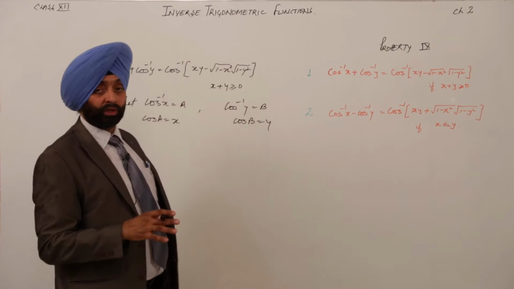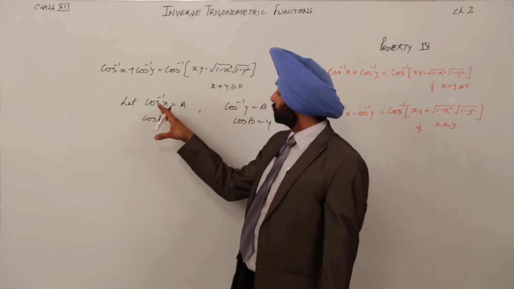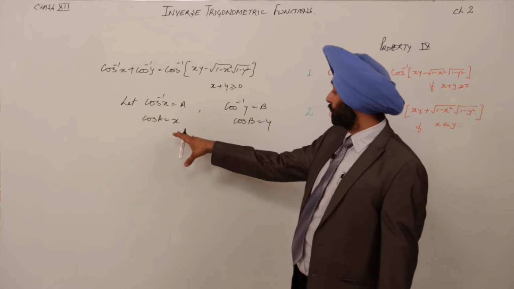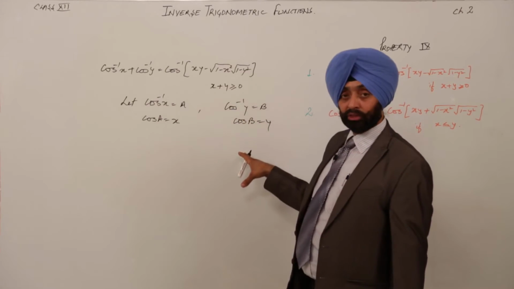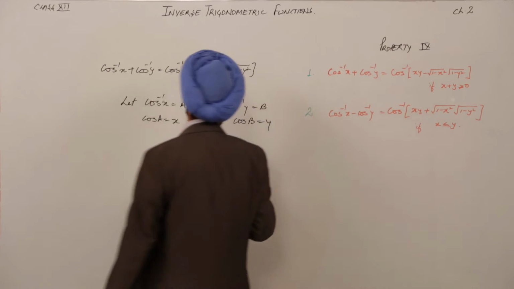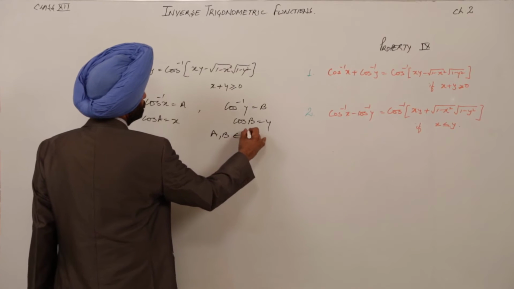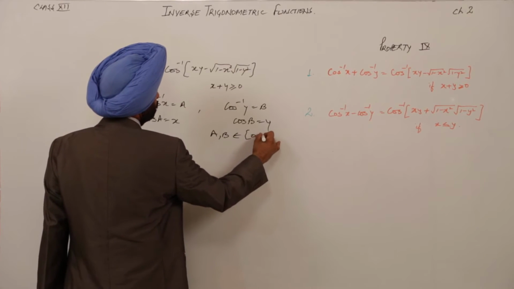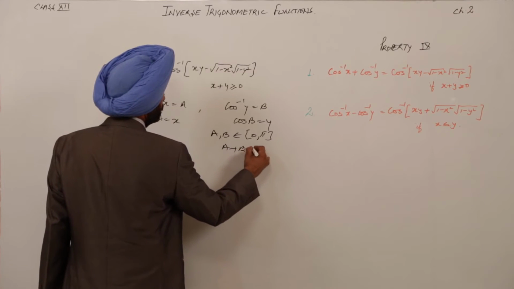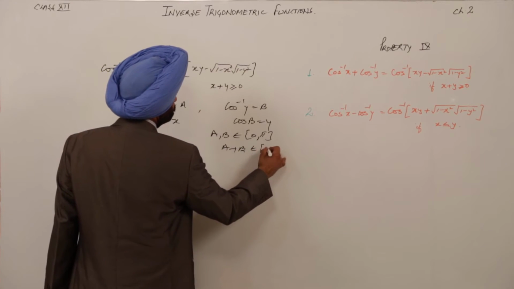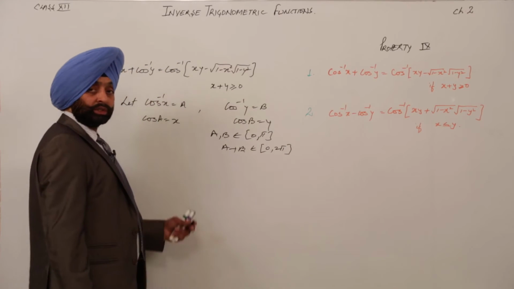So as we are doing by the inverse part, by the definitions, cos inverse x is equal to a, cos a is equal to x, and cos inverse y is equal to b, cos b is equal to y. Now where do a and b fall? Here a, b belong to 0 comma pi, and if we add them, a plus b belongs to 0 comma 2 pi. Okay. So this is the condition now.